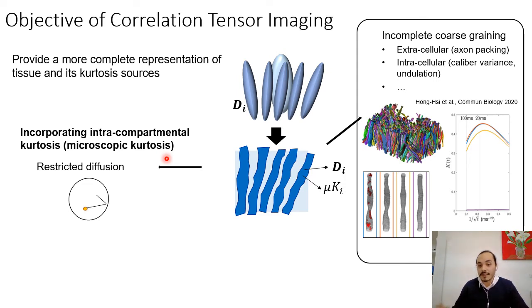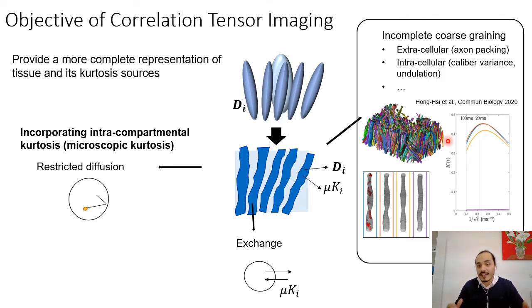Also, tissues can present complex features. Each compartment can show features that don't fit well with a Gaussian component, for example, cross-sectional variance along axons. It was shown in previous work that this produces an effective microscopic kurtosis. So microscopic kurtosis can also arise from effects such as cross-sectional variance.